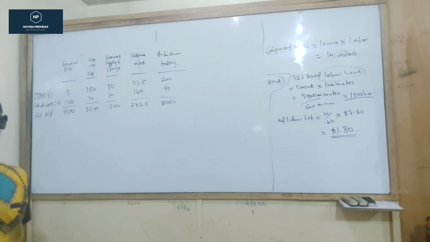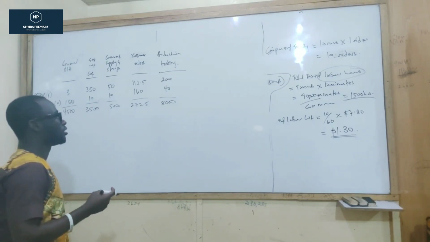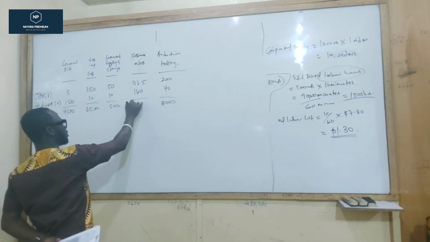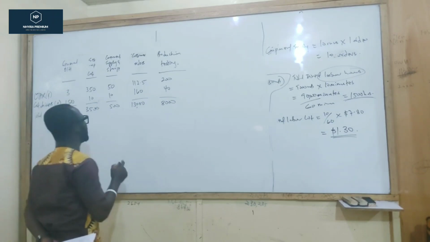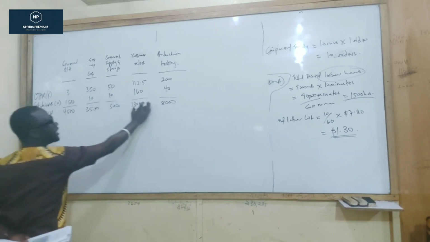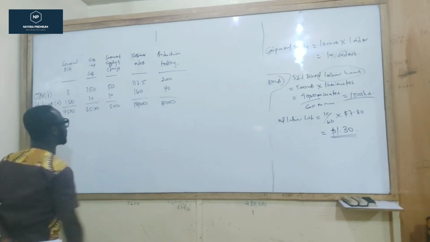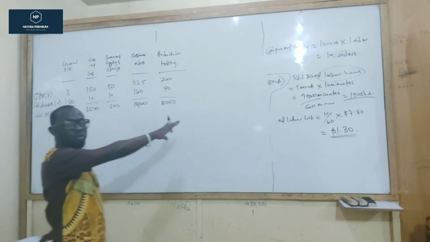Now remember the examiner said we should multiply. Are we multiplying? You added. We are multiplying these respectively. 112.5 times. Okay, the rest are okay. So these are the total overheads respectively.